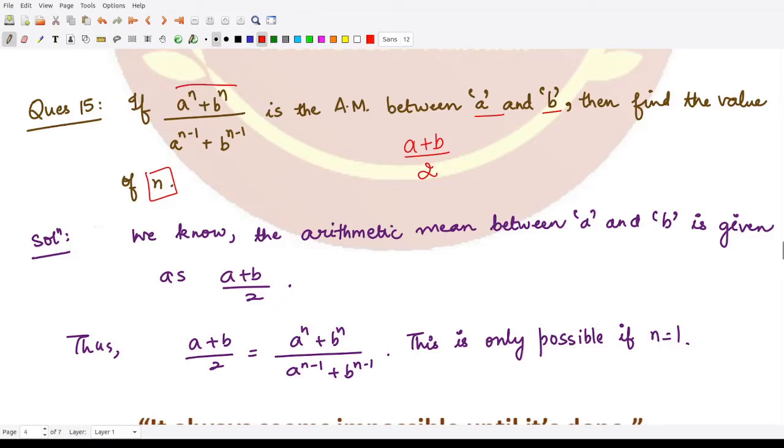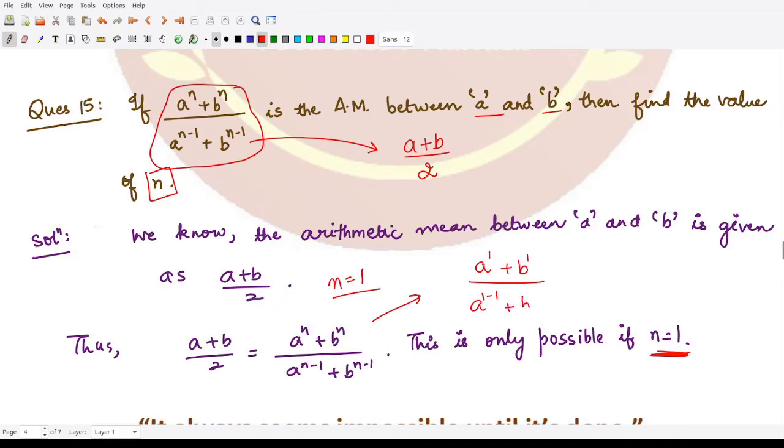So which value of n can we choose here so that this term becomes (a + b) by 2? This is only possible when n is equal to 1. When we substitute n equal to 1, this term becomes a^1 + b^1 divided by a^(1-1) + b^(1-1), so it would be (a + b) divided by a^0 + b^0.